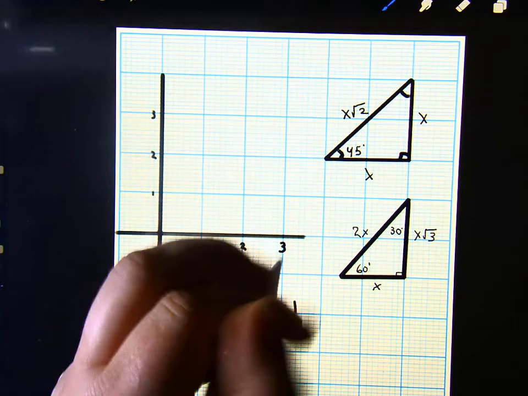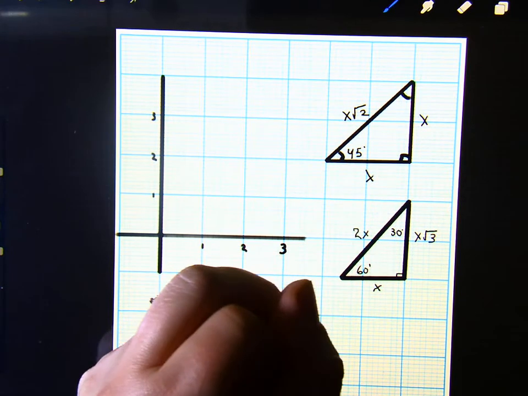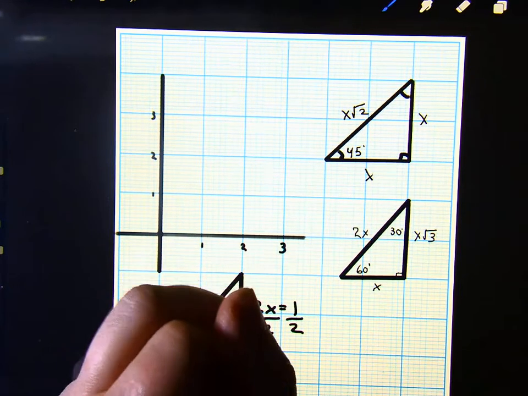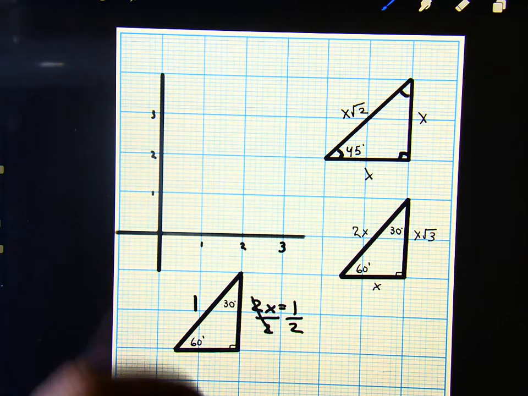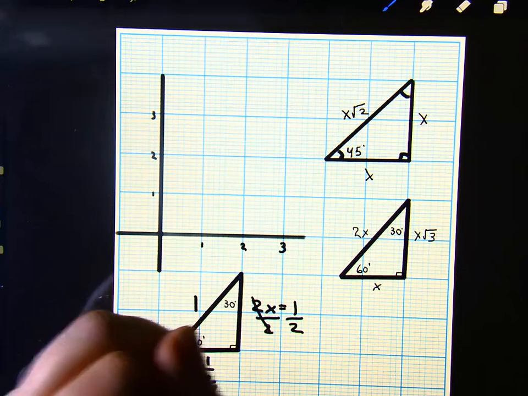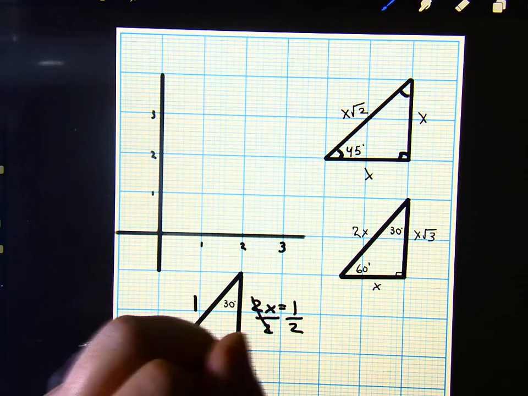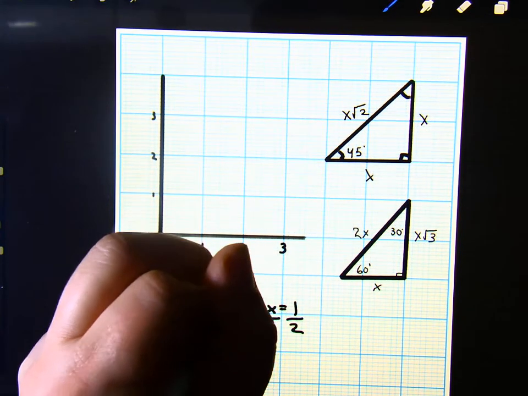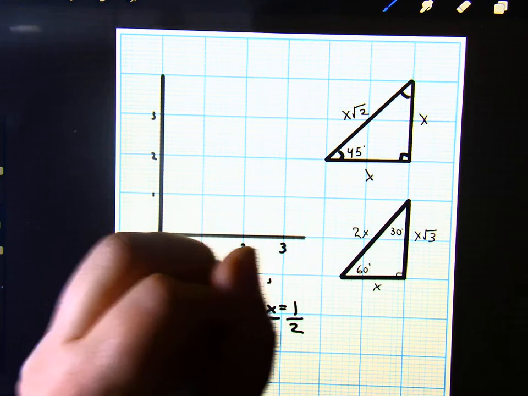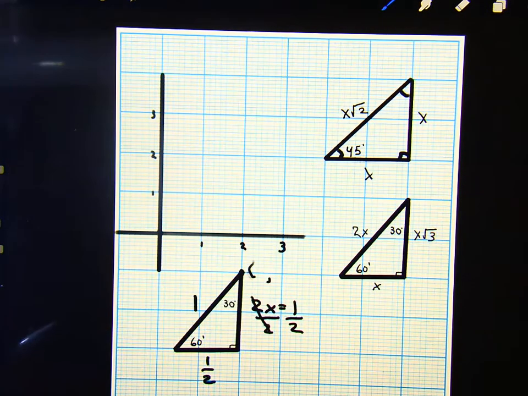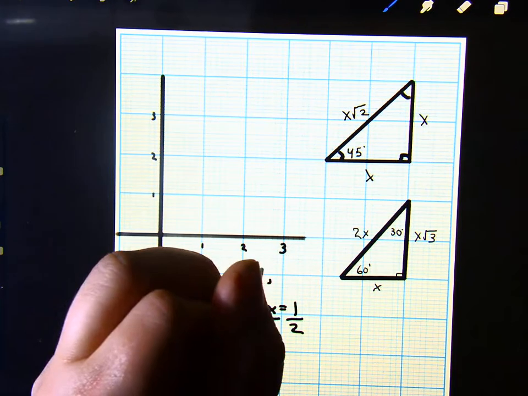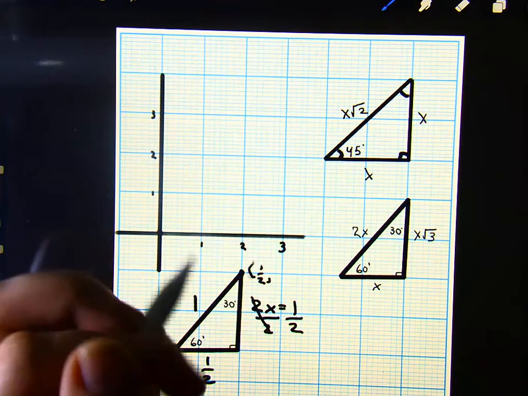That's my hypotenuse. Divide by 2, divide by 2. So x equals 1/2. So this is 1/2. That's my coordinate of my x value. That's what's going to go here for this point when we plot it up here. Okay, so we know 1/2.